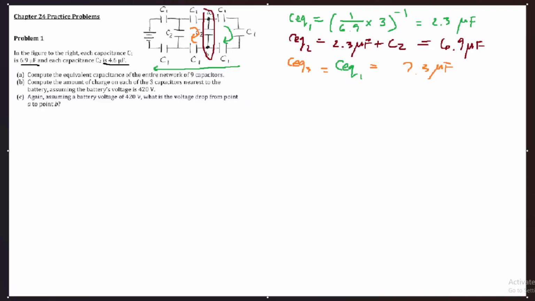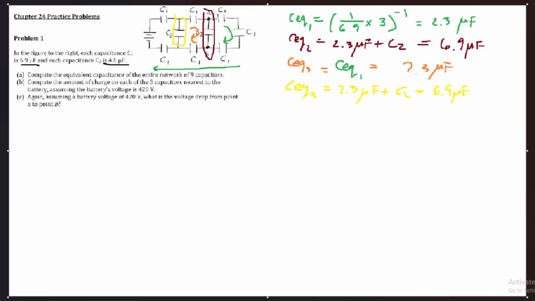We can put this in parallel with the C2, label it CEQ4, and essentially this is the same thing as 2.3 microfarads plus C2, which is 6.9 microfarads.